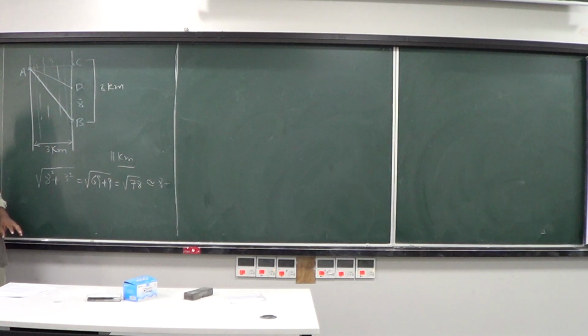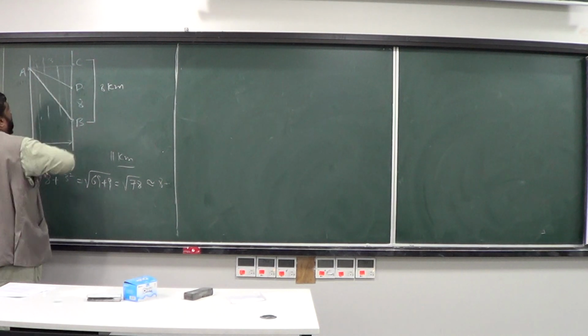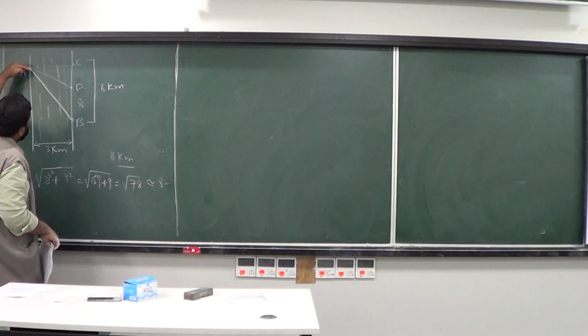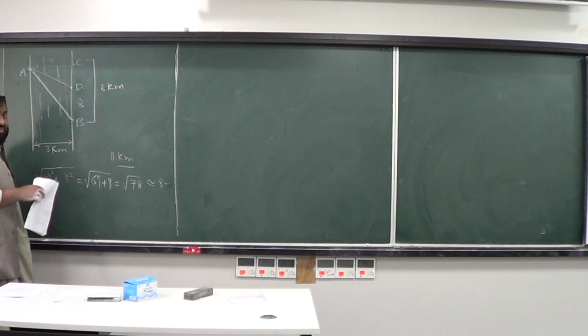Now imagine that the person decides that he wants to take this path. He wants to boat to some point D and then run.